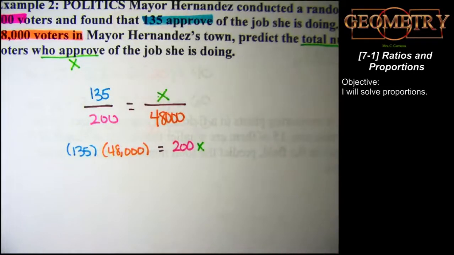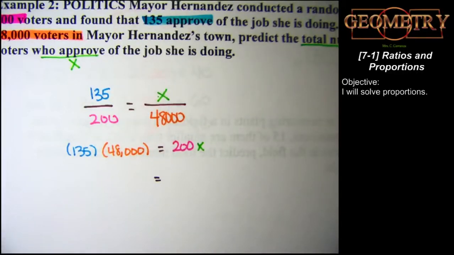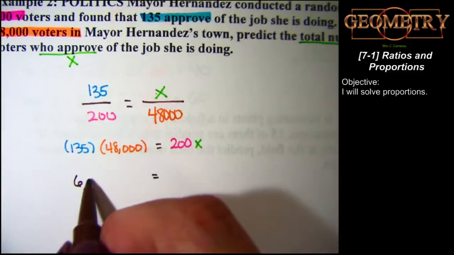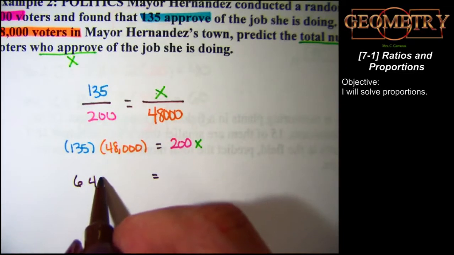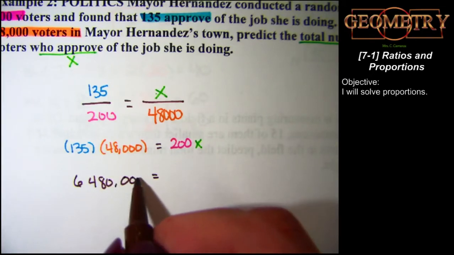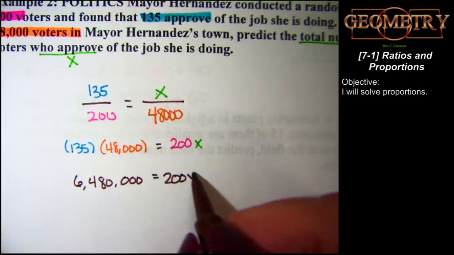All right, help out. 135 times 48,000 is 6,480,000. That's a lot of people. It's okay, we're going to divide that by 200.